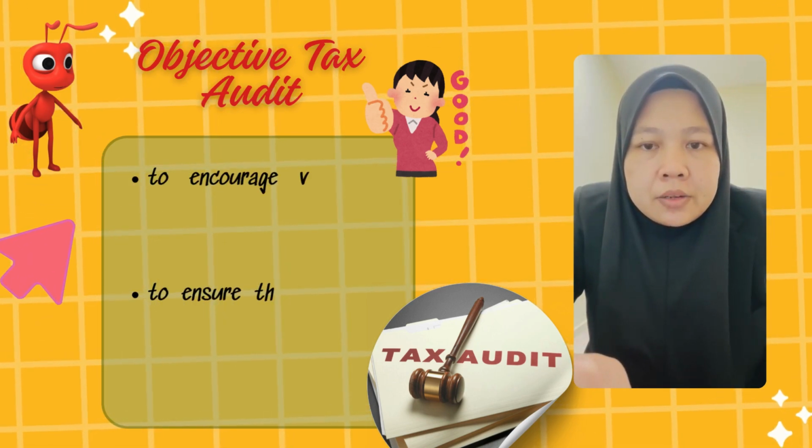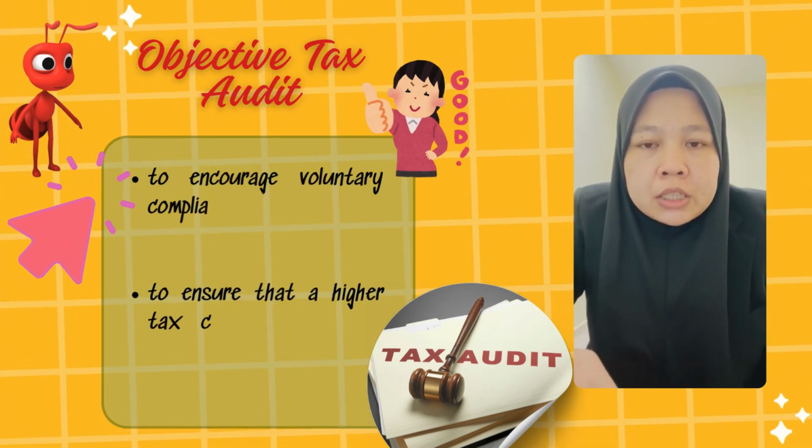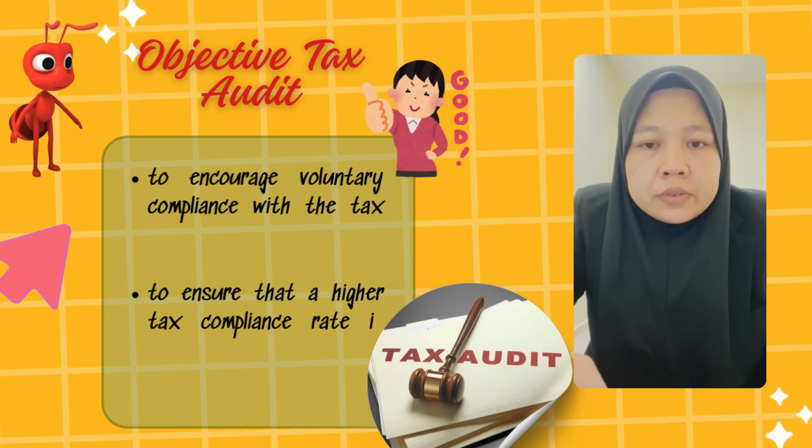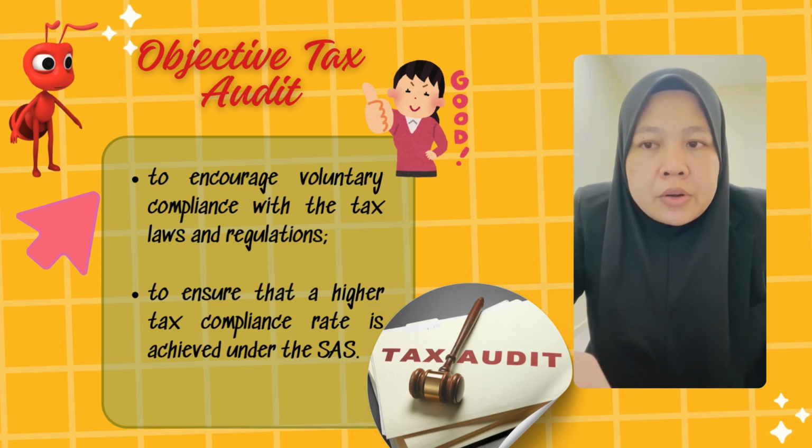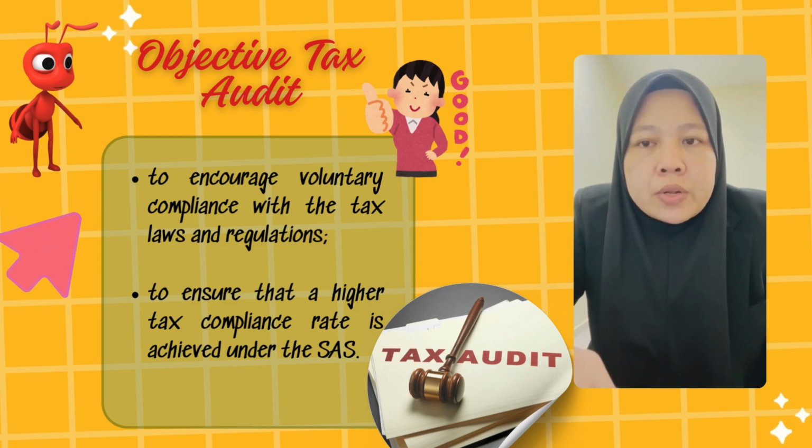Next, Sarah, I want to explain the objective of a tax audit. The main objective of a tax audit is to encourage voluntary compliance with the tax law and regulation, and to ensure that the highest tax compliance rate is achieved under the SAS, self-assessment system.